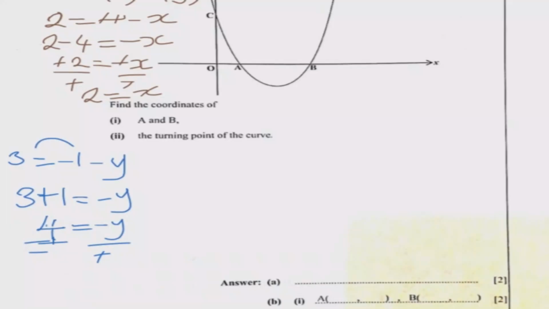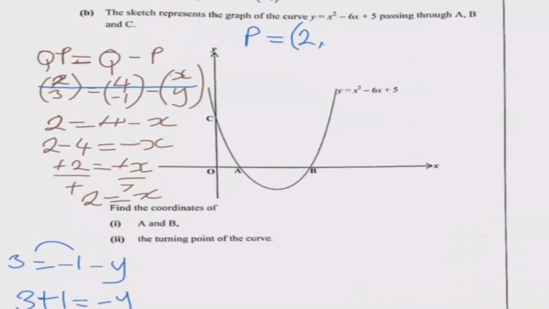So this negative and this negative will give us y. So we are saying y is equal to positive 4 divided by negative, which will give us negative 4. So the value of y is -4.